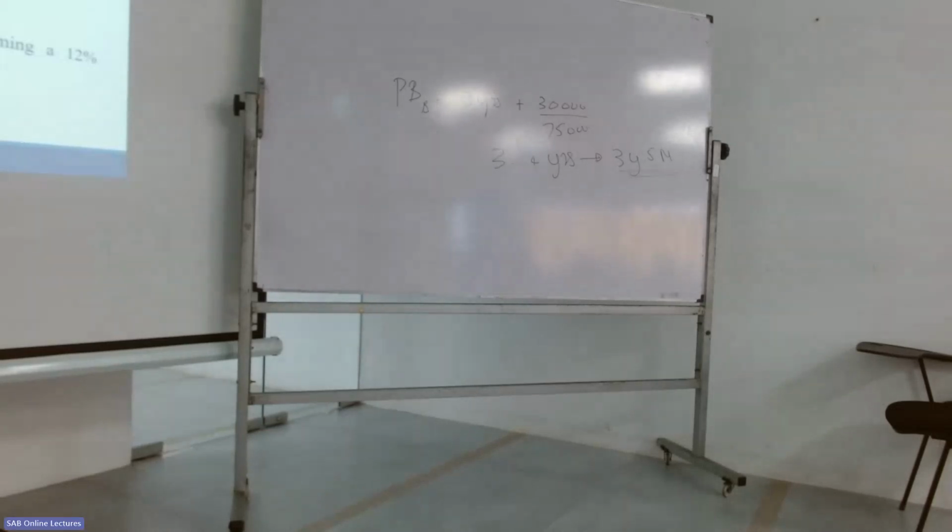If the cost of capital or the discount rate is 12%, calculate the payback period for project A. You can see the answer is there actually, but it is better to calculate it, because just writing these numbers is not enough.